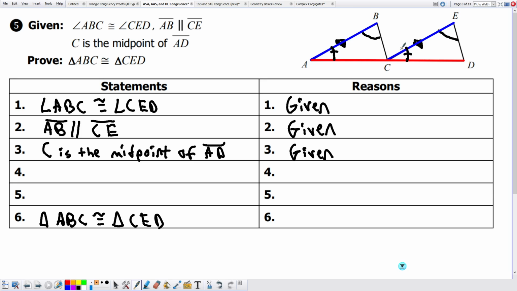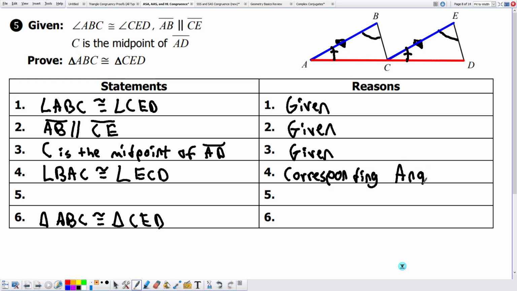And notice how they're in the same positions as each other. So this is our hint that it's corresponding angles. So I'm going to say that angle BAC is congruent with angle ECD because they are corresponding angles. They're in the same position on the parallel lines.